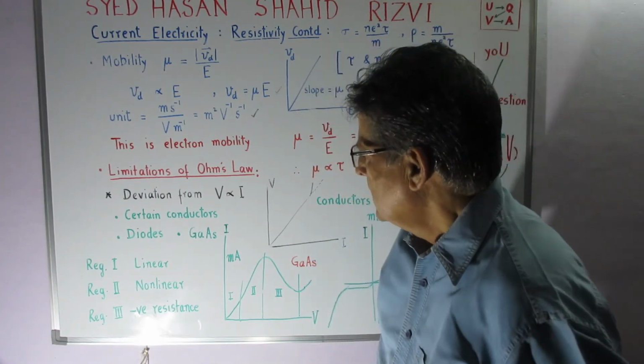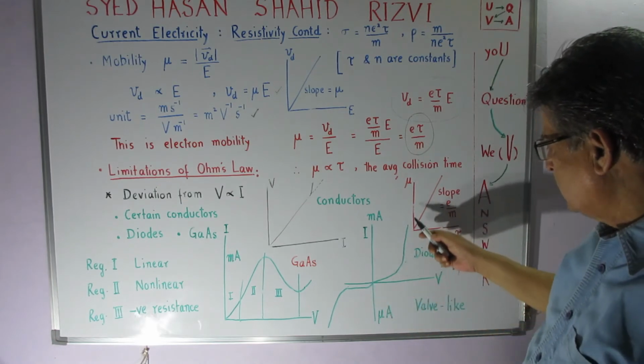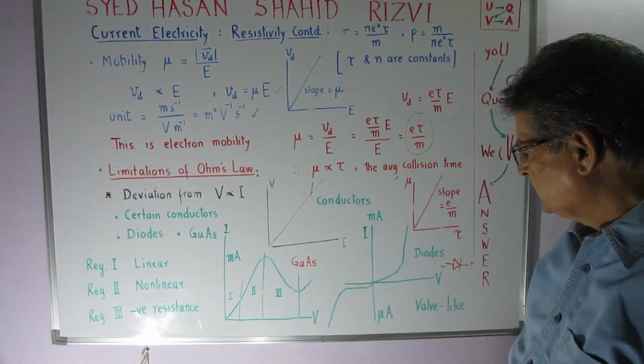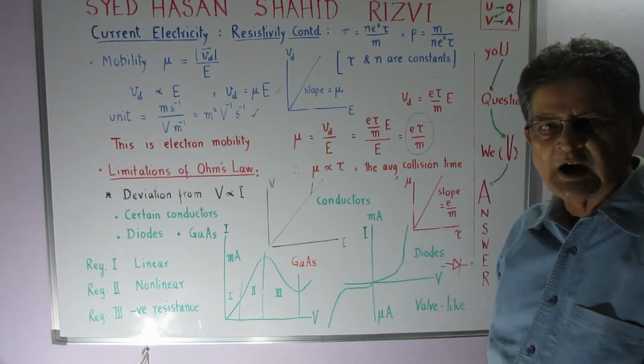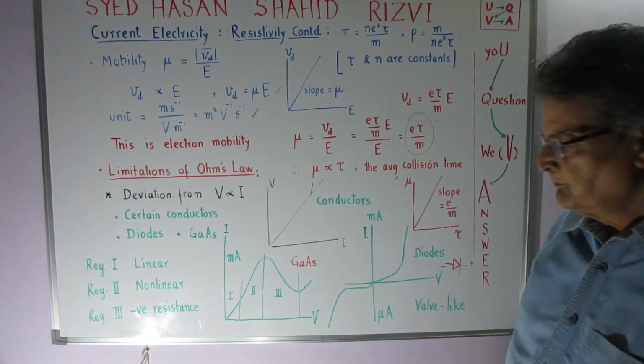Okay. So the diodes that I have shown to you in today's solid state electronics are normally made of silicon.